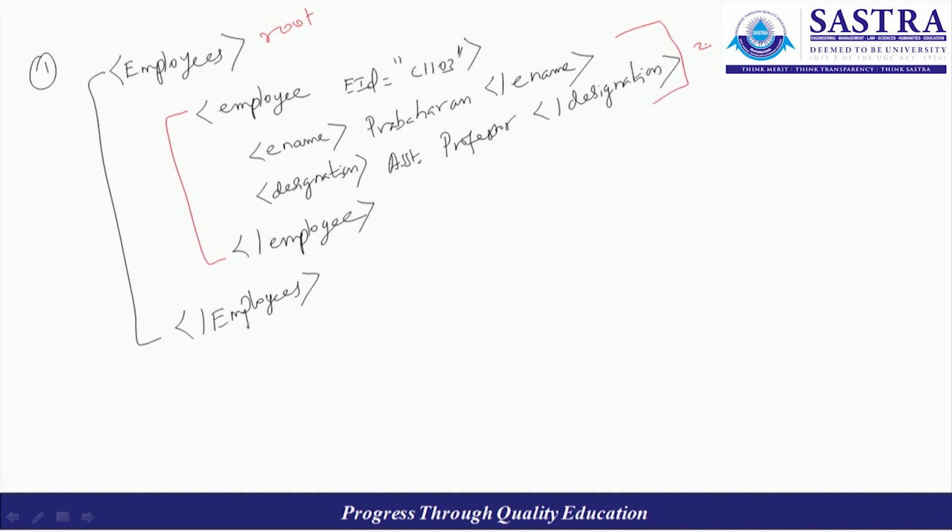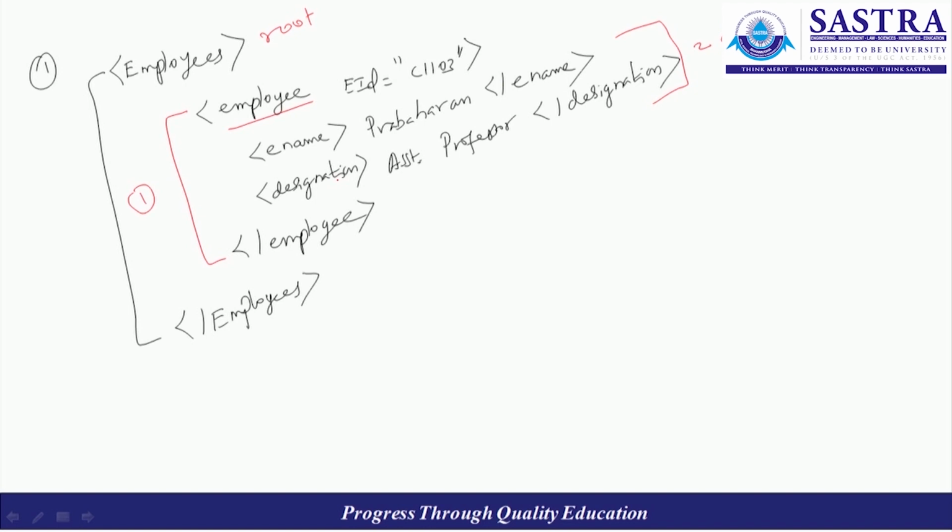Two children. One child element for the root element employees. For the first child, that is employee, employees is the parent. And for employee, ename and designation are two child elements.